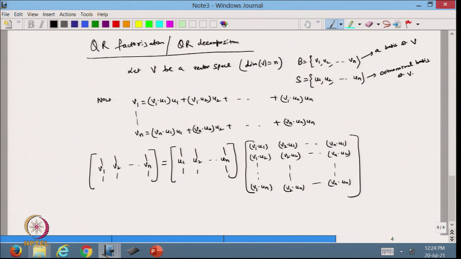Now, this matrix is the matrix corresponding to the given basis. I call it A. This is the matrix corresponding to the orthonormal basis, that is my Q.